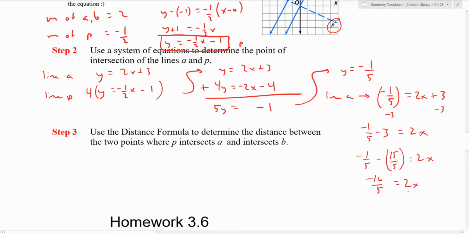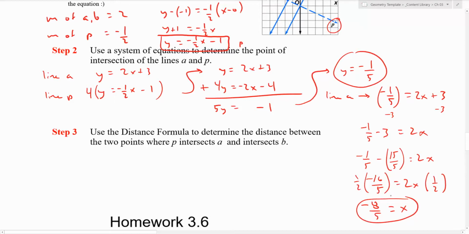Now I'm going to multiply each side by 1/2 to get rid of that 2 there. And I get negative 8/5 equals x. I have a value for y. I have a value for x. So this point of intersection is negative 8/5 and negative 1/5.